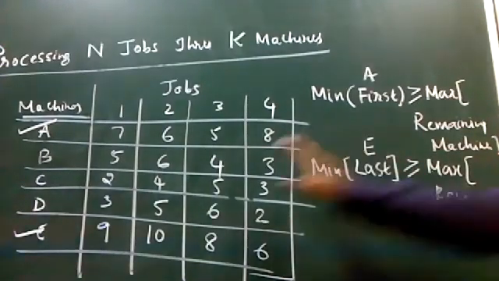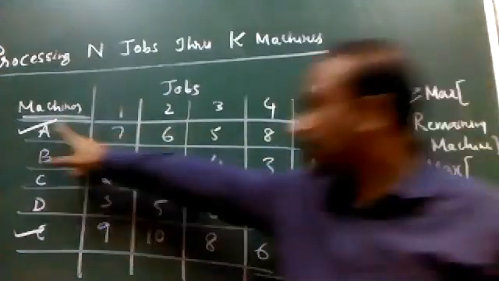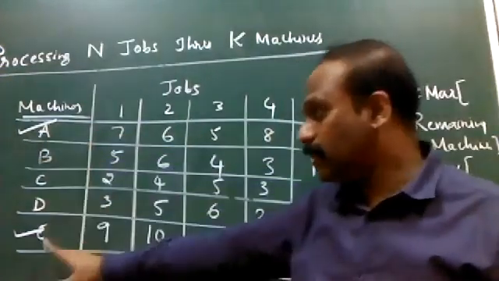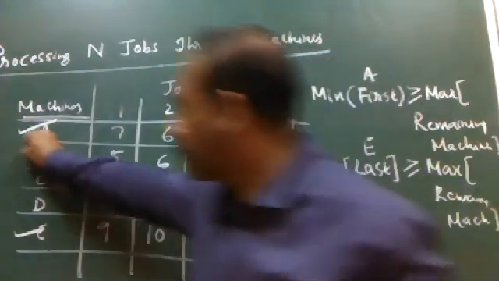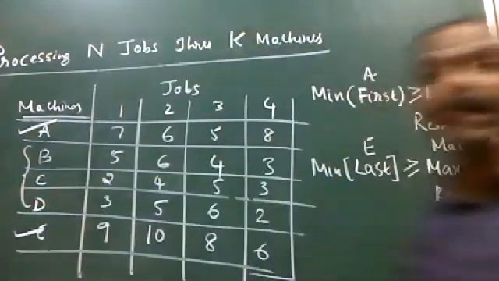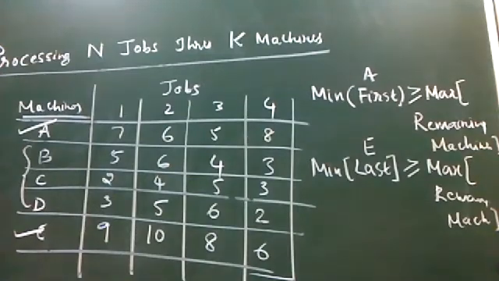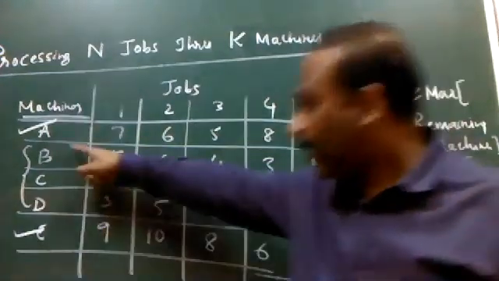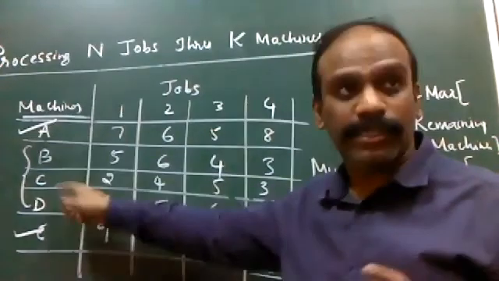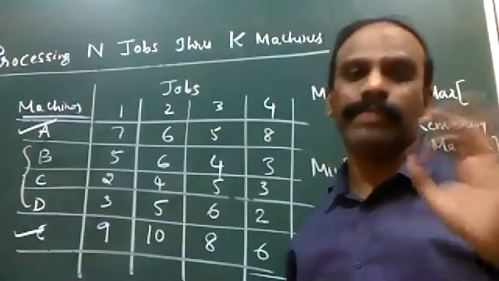That means in this particular problem, machine A is first, machine E is last, and B, C and D, these 3 machines, are called remaining machines. Is that clear, everyone?